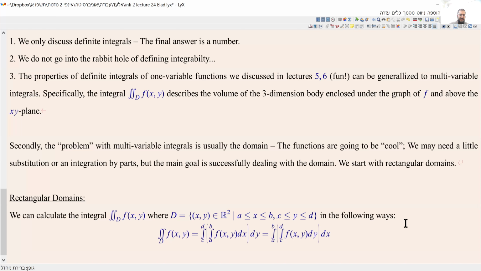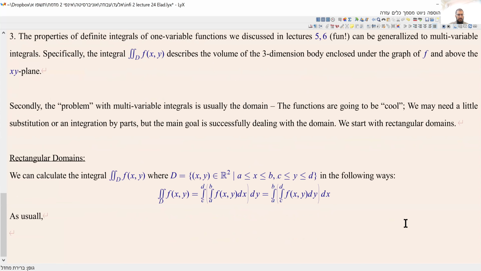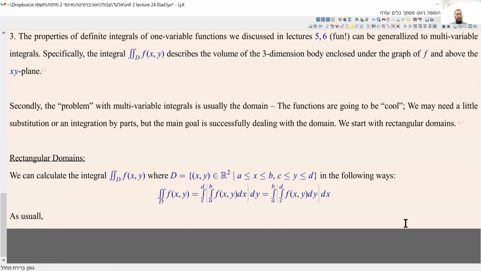As usual, when we integrate by one variable, we consider the other or the others to be a constant. As I mentioned, we actually discuss only two variables, unlike the other topics in multivariable calculus here.